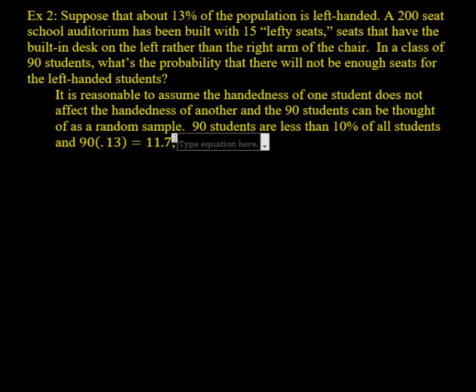And 90 times 0.87 equals 78.3, the number of right-handers we would expect. Both of which are at least 10. I can use the normal model for the sampling distribution of 90 students.